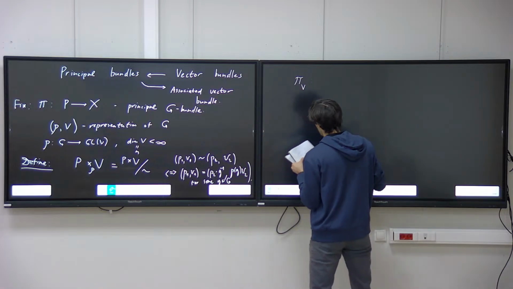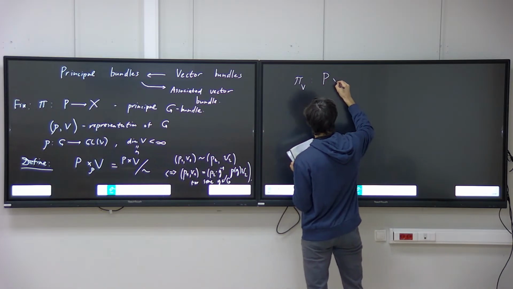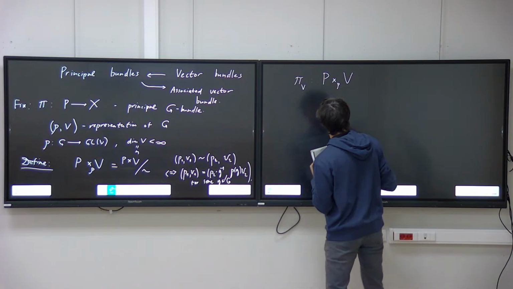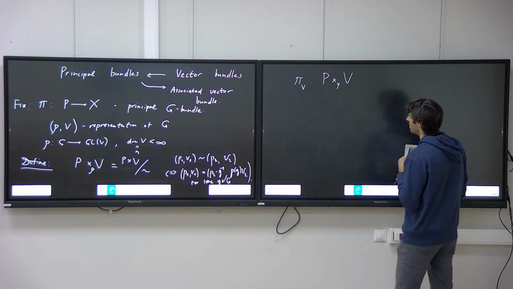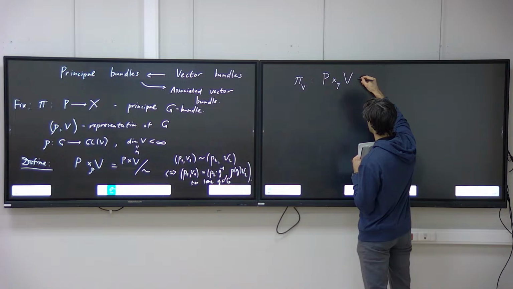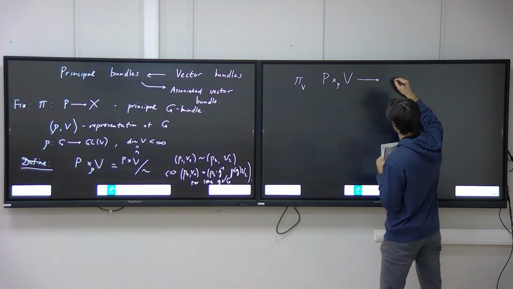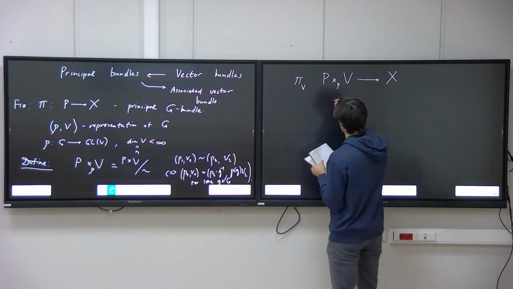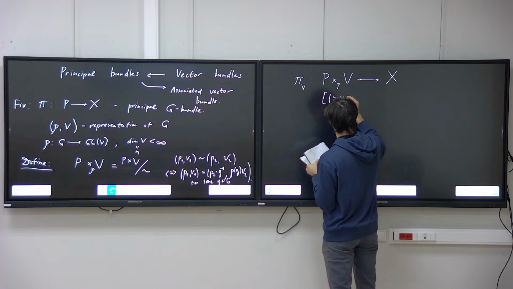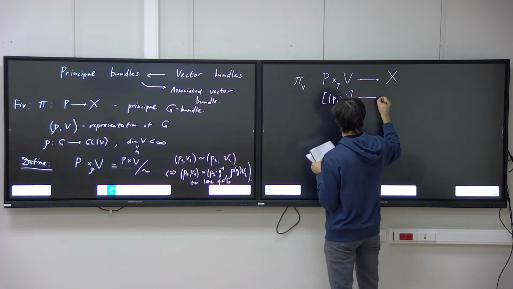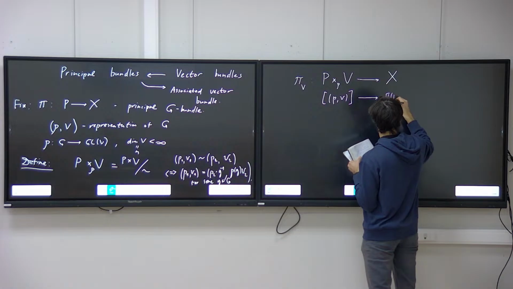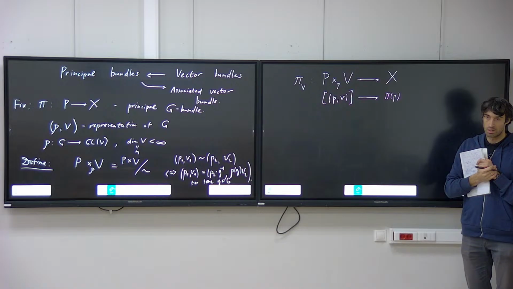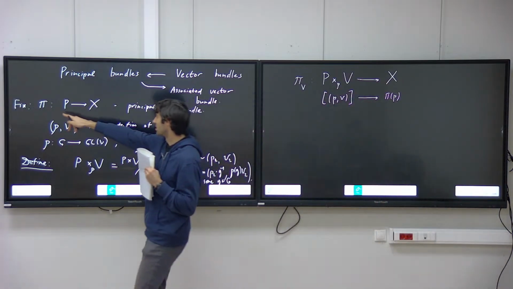So this is from this associated thing, which I cannot call a vector bundle yet, but I'm going to, to X. And it just takes a class like this and maps it to pi of p, where pi is this projection.